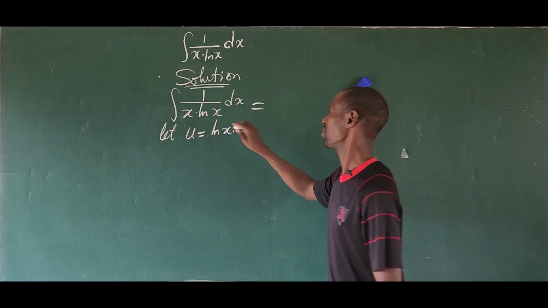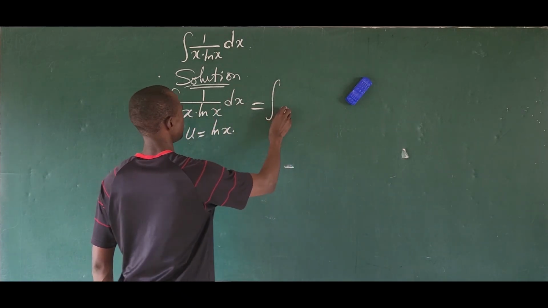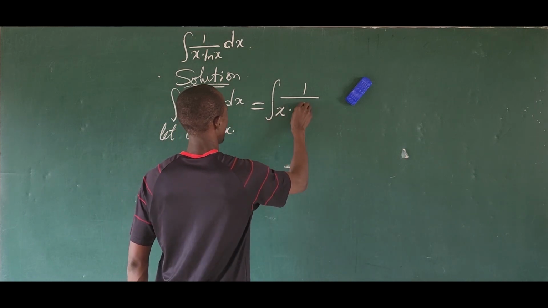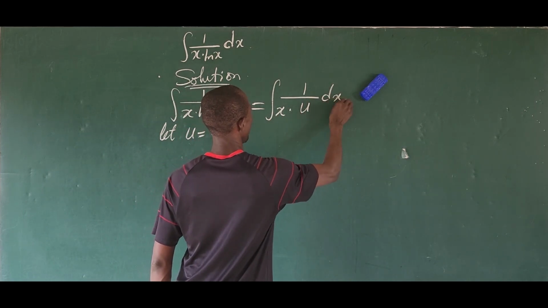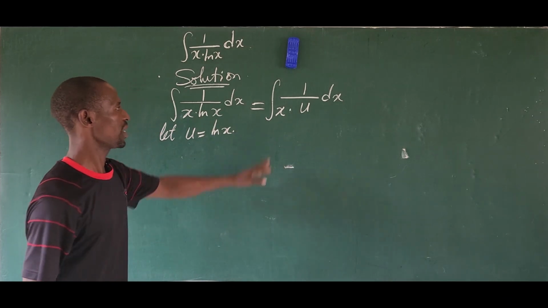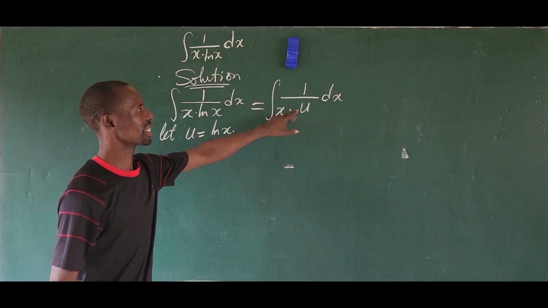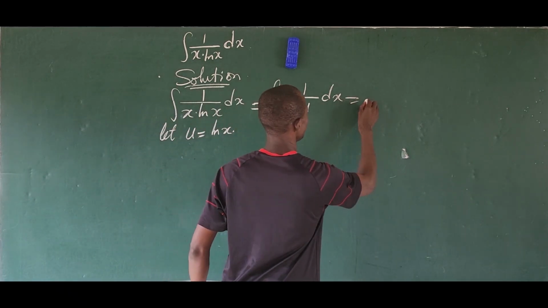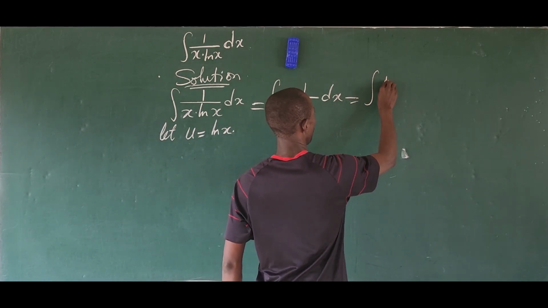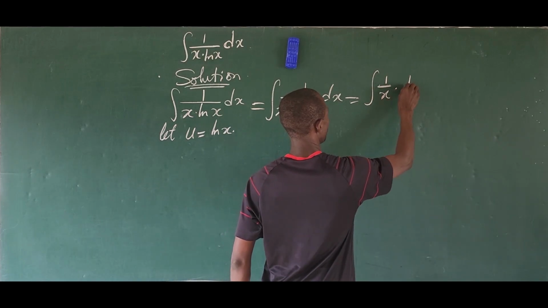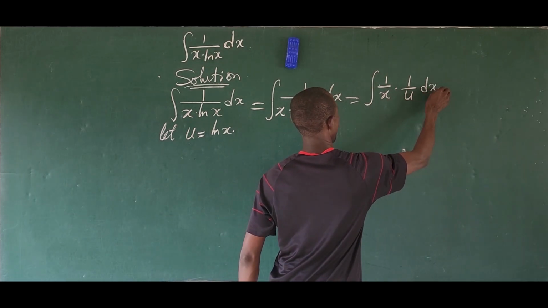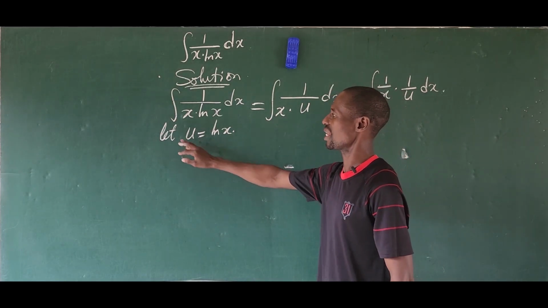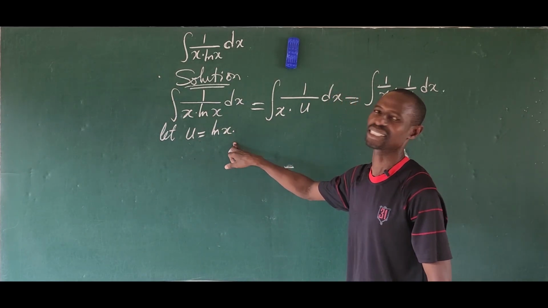So rewriting this expression, we're going to have here the integral of 1 all over our x times our u, the dx. Now let's look at this. We can equally rewrite this, separating this x from this, because this has changed the system already. So rewriting this is going to give us the integral of our 1 all over x times 1 all over u dx. Now, let's come back to where we did a substitution here. We said let u be equal to the ln of x.